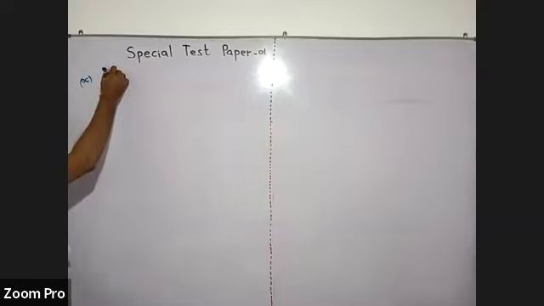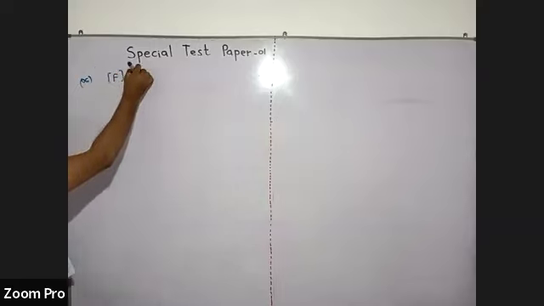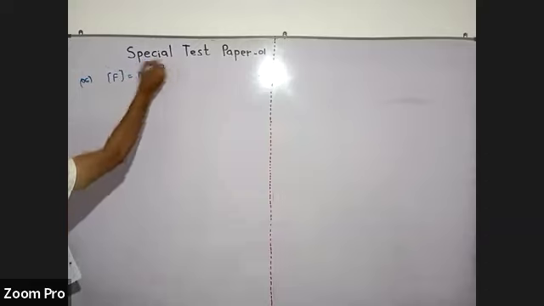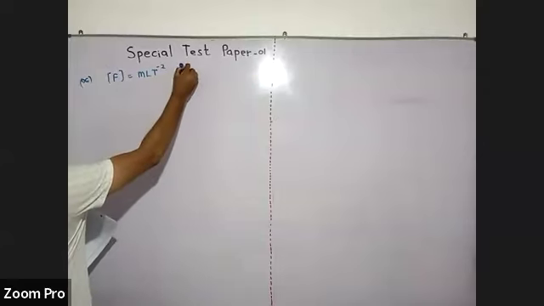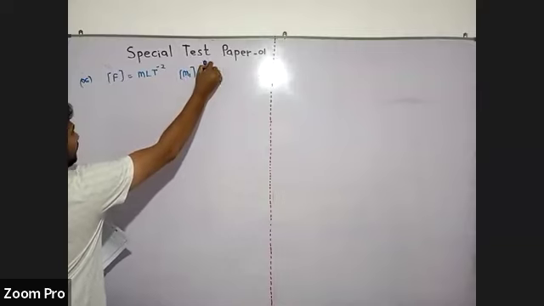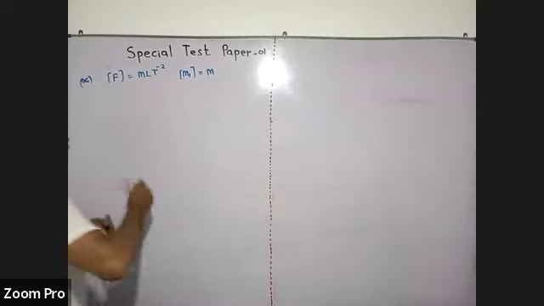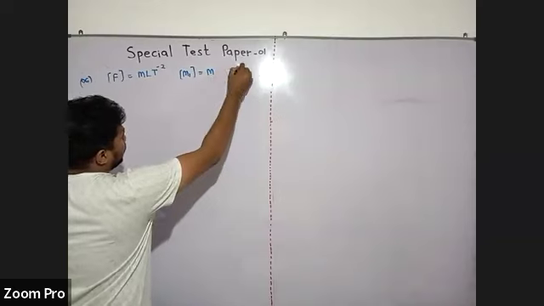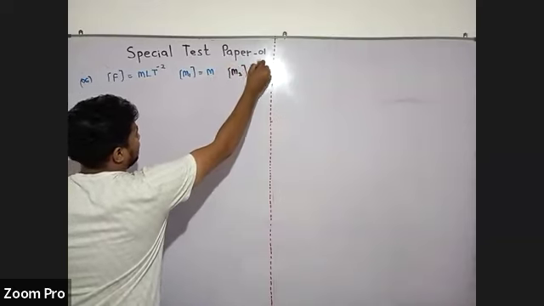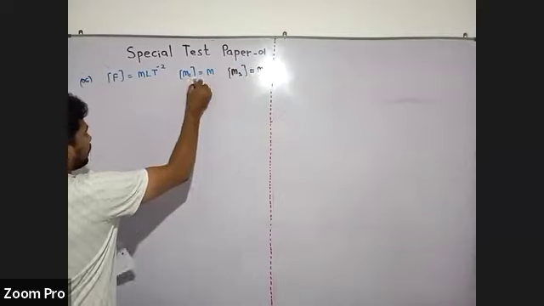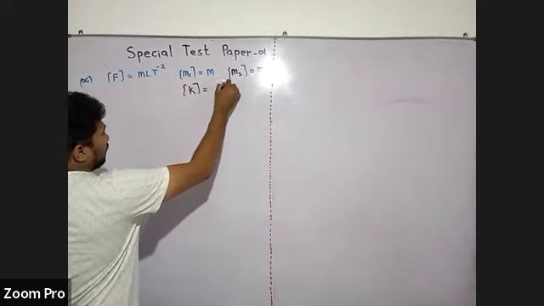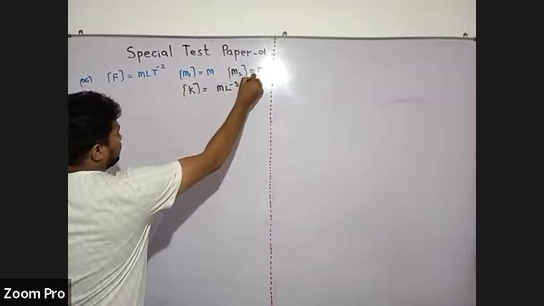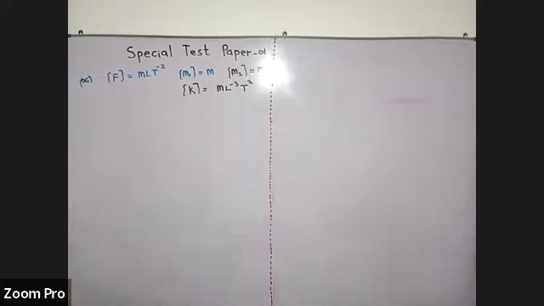You know, guys, the dimensions of F should be equal to MLT minus 2. The dimensions of M1 equal M, and the dimensions of M2 is also capital M, and the dimensions of the constant are given as ML minus 3 T2, right?